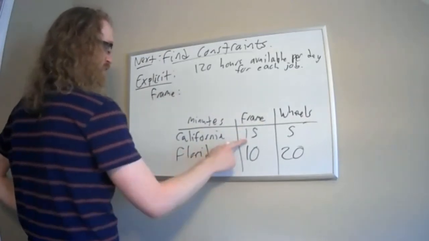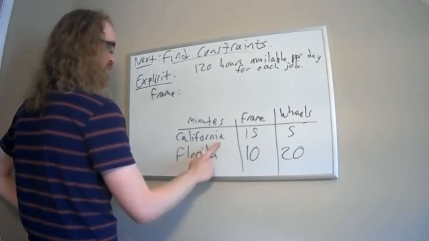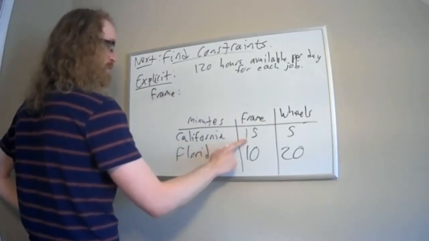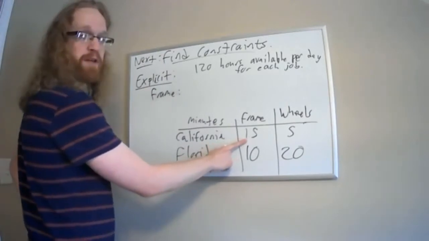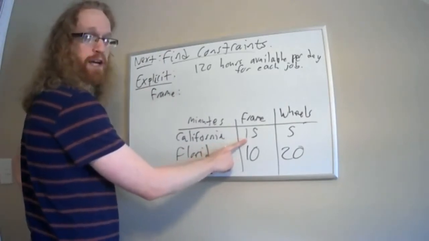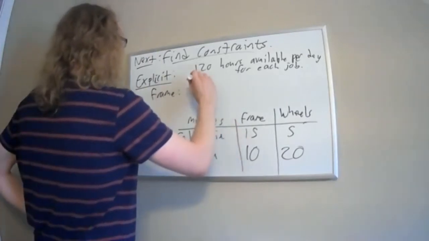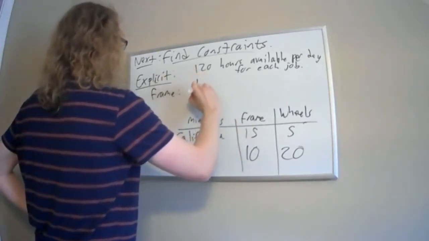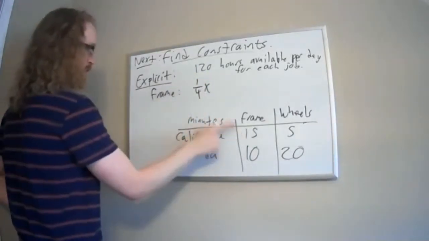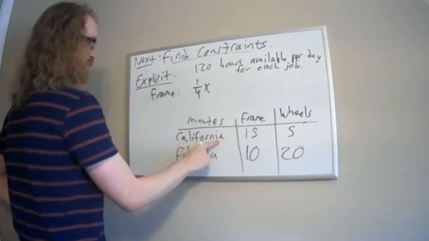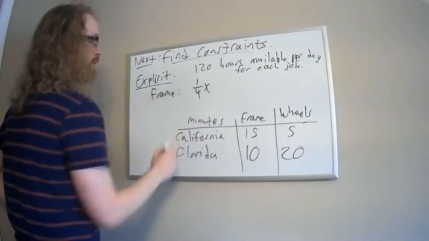Well, it takes 15 minutes to produce a California. So for every California, I'm spending 15 minutes. We should convert 15 minutes to hours. That's a quarter of an hour, which is 1/4. So let's say 1/4 x for 1/4 of an hour, aka 15 minutes per California model, right?